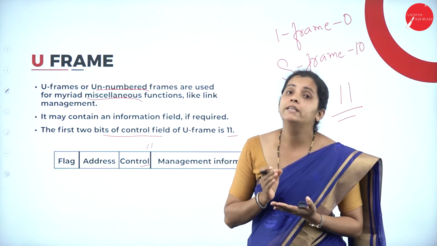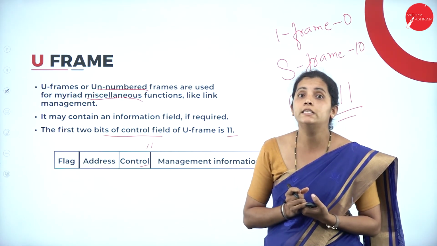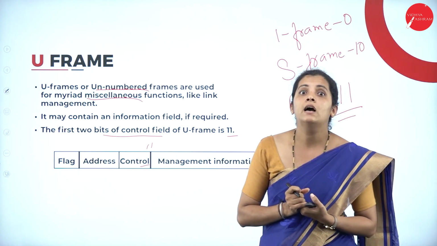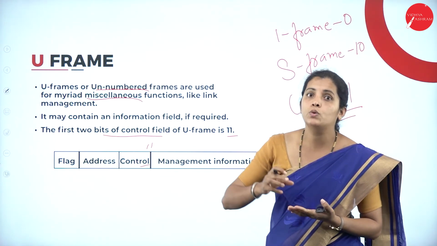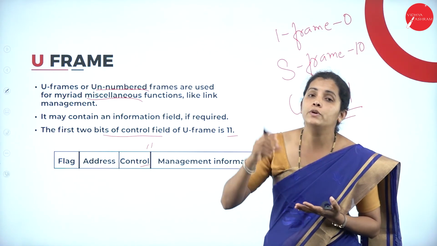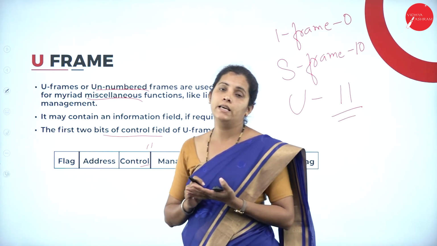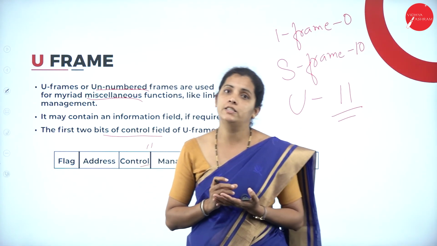Dear students, in today's class we studied what HDLC is. HDLC is nothing but High-level Data Link Control. It is a communication protocol which comes under the data link layer, and it is mainly used for communicating with each other.